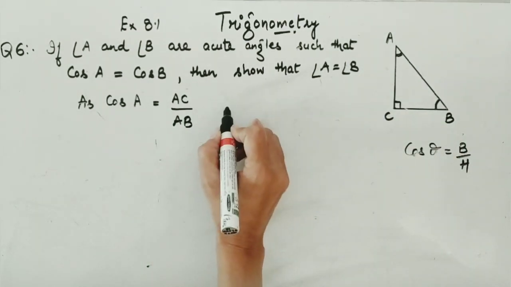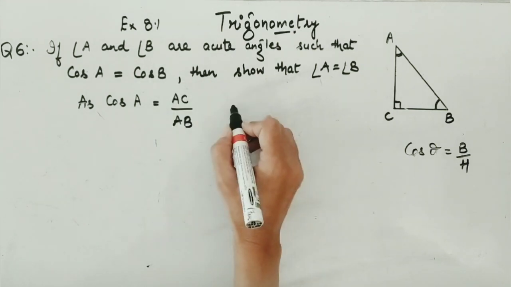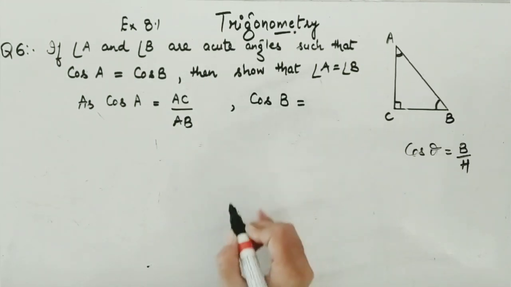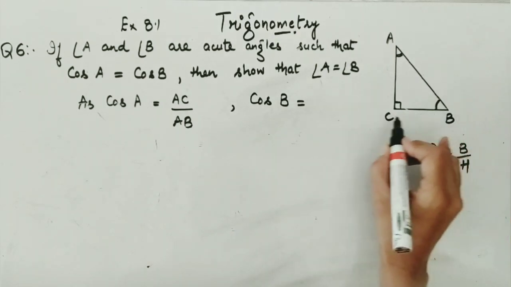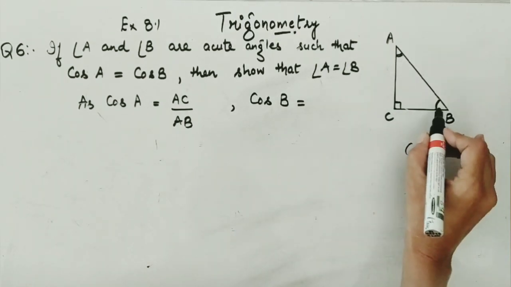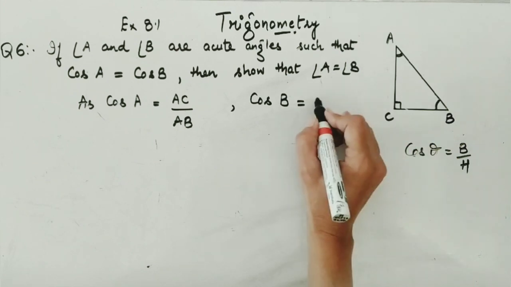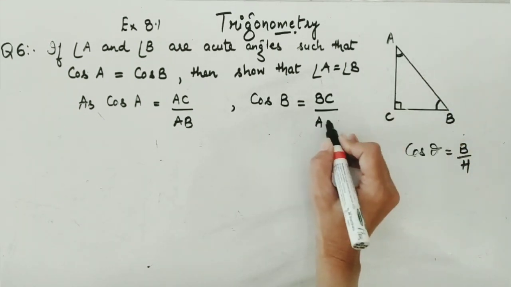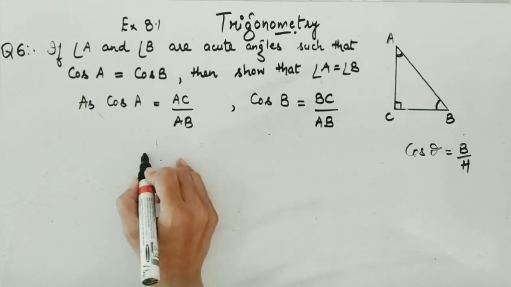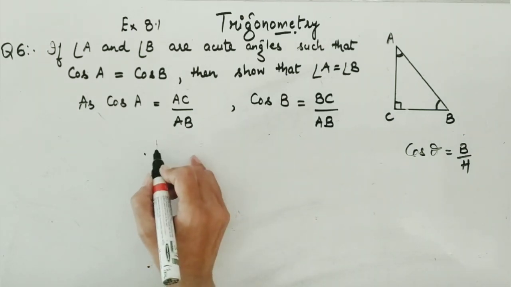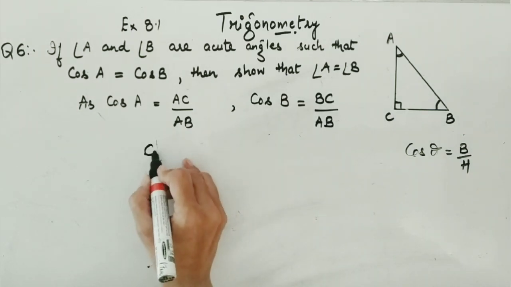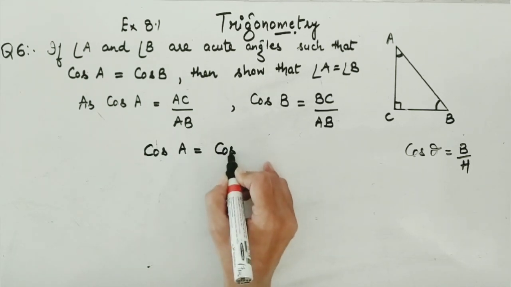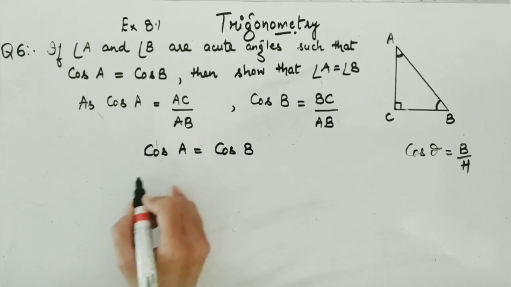Then let's write the value for cos B. Cos B would be, base has now become BC because angle has shifted here. This would be BC upon AB. What are we given? The given condition says that cos A is equal to cos B. Put the values.